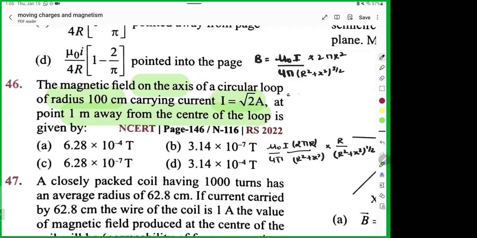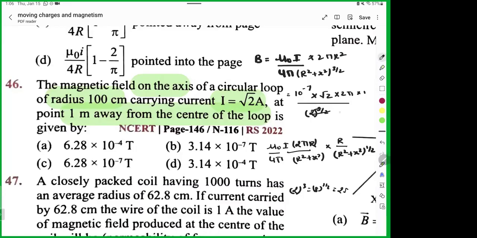So your mu naught by 4 pi value will be 10 raised to power minus 7. I, the current value, under root 2, 2 pi r square. What is the r value? Radius 100 centimeter means 1. Divide by r square plus x square will be 1 plus 1, 2 cube and under root. So what is 2 cube? 8. And then under root of 8, 2 root 2.